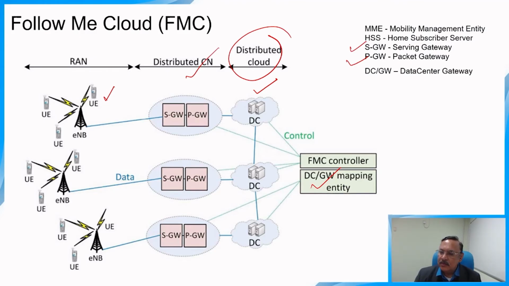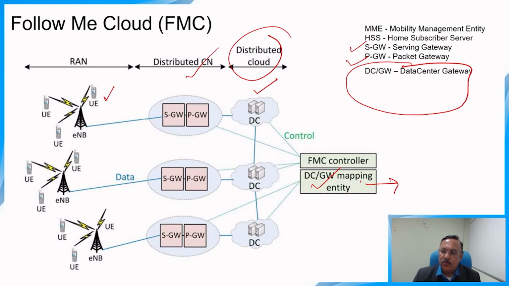So, here this particular FMC introduces new entities into the network architecture called DC GW. So, here you can see DC GW mapping.